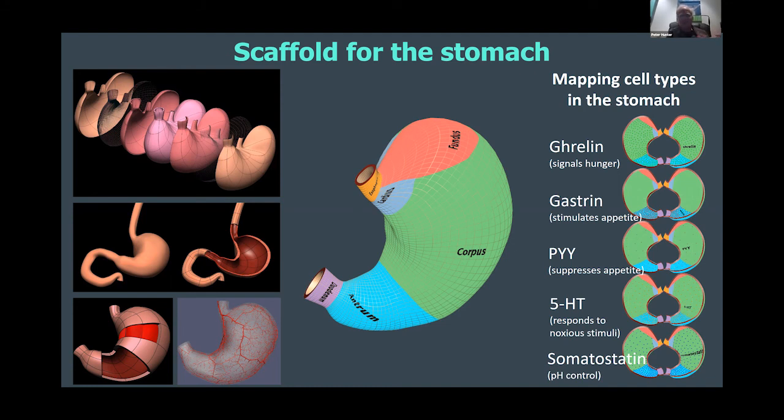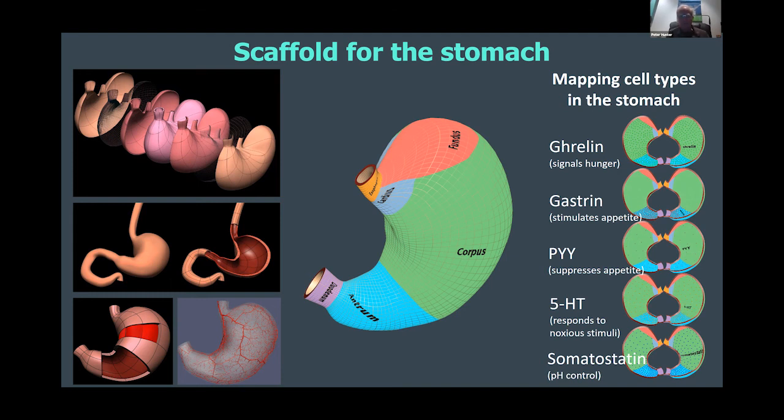So the top left shows the scaffold expanded just to show some of these layers. The middle on the left just shows how the stomach connects into the esophagus and duodenum. And then the bottom left shows, again, the fiber structure within one of the layers. That fiber structure is defined throughout all the layers, of course.